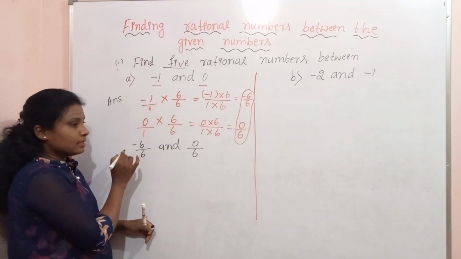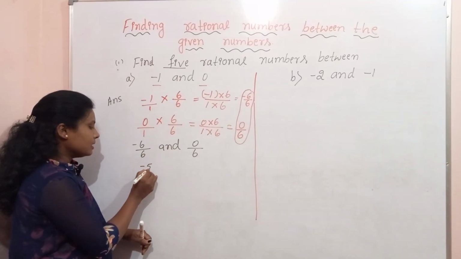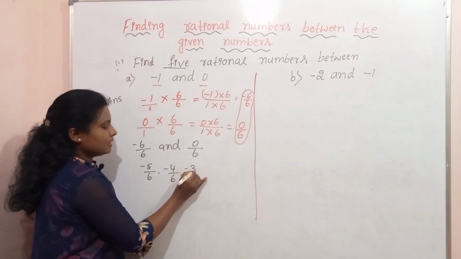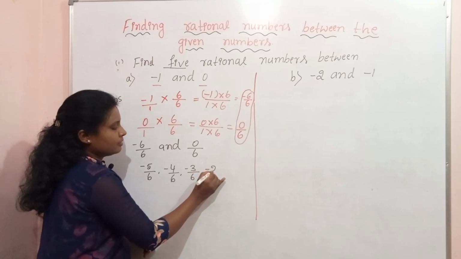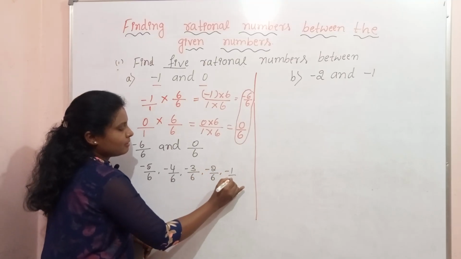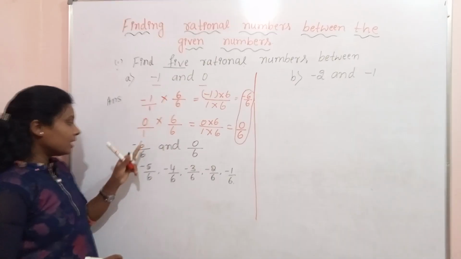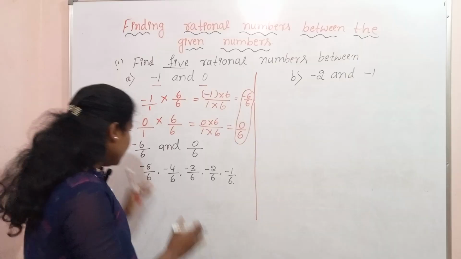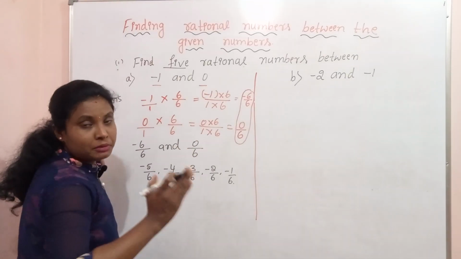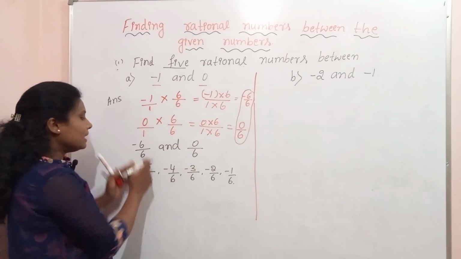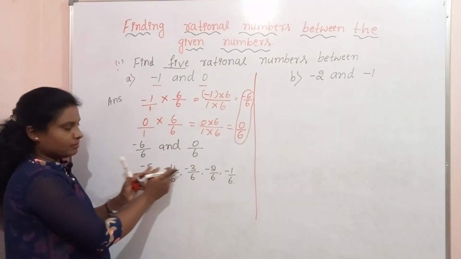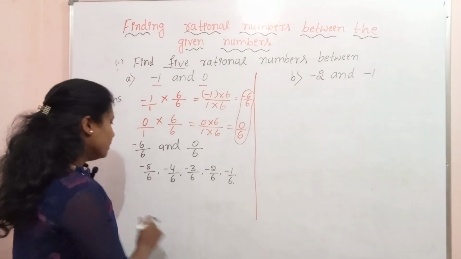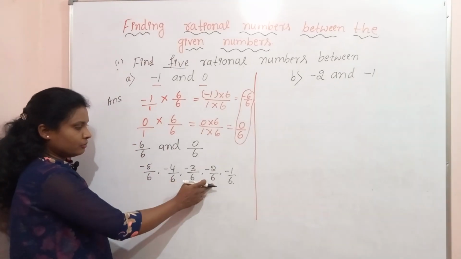So after -6 comes -5 by 6, -4 by 6, -3 by 6, -2 by 6, -1 by 6. Here -6 by 6 we are not considering, because we need to write the numbers in the middle. After -6 will come -5, -4, -3, -2, -1. Next number 0 by 6. So we have written already 1, 2, 3, 4, 5.